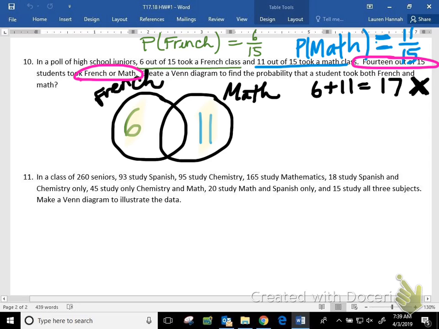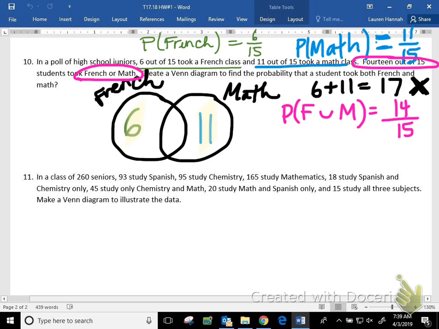I'm going to write that down here to the side: the probability that someone is in French union math is only 14 out of the 15 students. So that means a couple things.